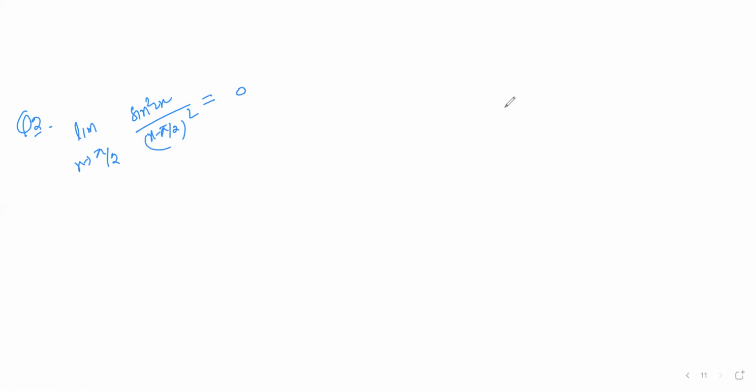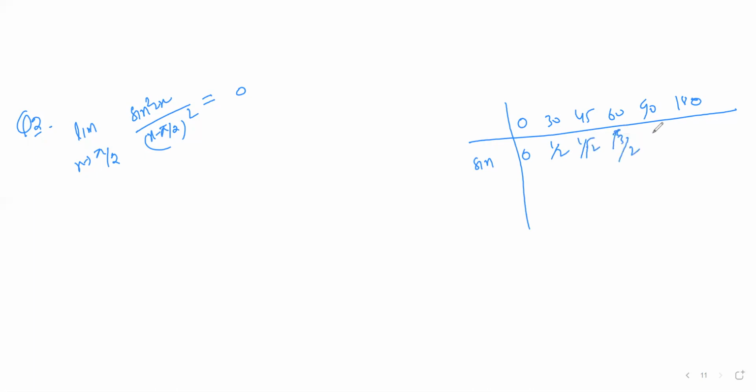So here, the important thing is the values at 0 degree, 30, 45, 60, 90, 180. For sin: 0, 1 by 2, 1 by root 2, root 3 by 2, 1, 0, for the angles 0, pi by 6, pi by 4, pi by 3, pi by 2, and pi. Similarly, cos: 1, root 3 by 2, 1 by root 2, 1 by 2, 0 and minus 1.